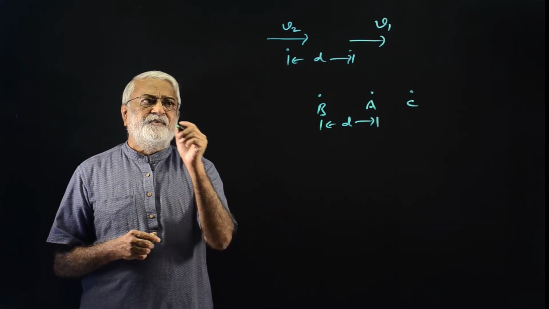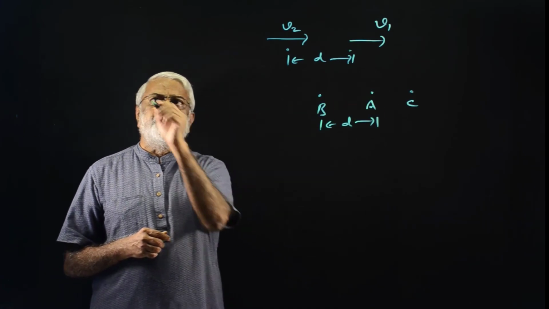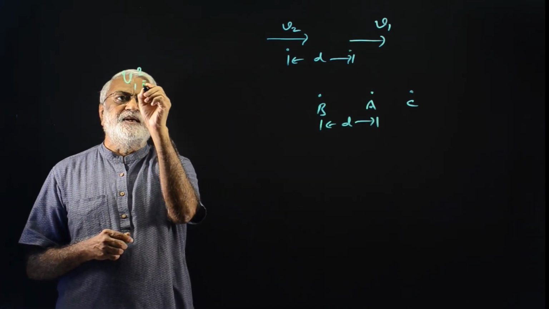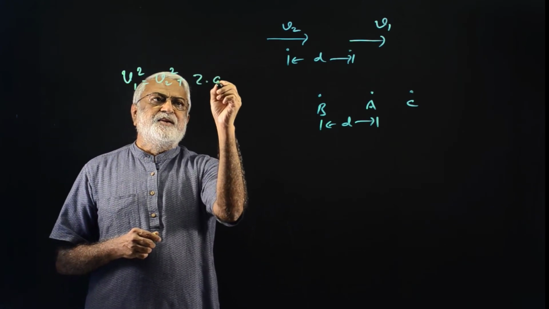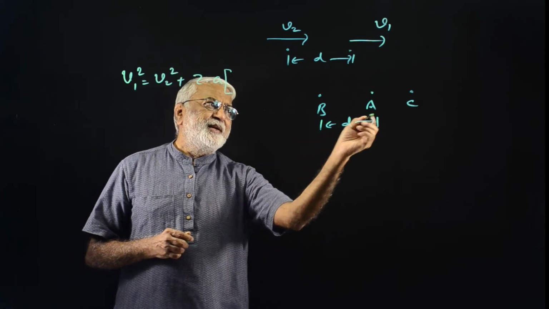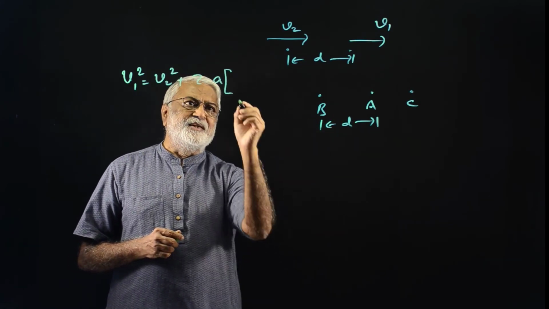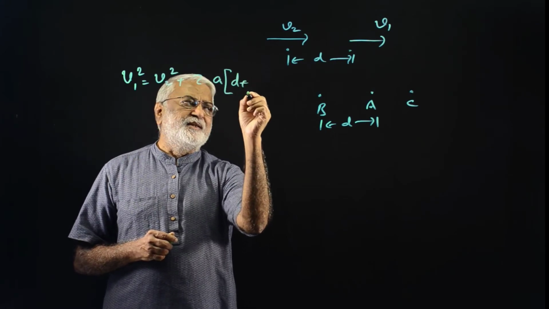So you have v2 should reduce to v1, right? So v1 squared is the final speed. That's equal to v2 squared plus 2a into d plus AC.